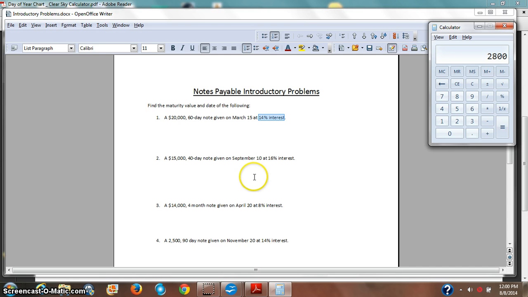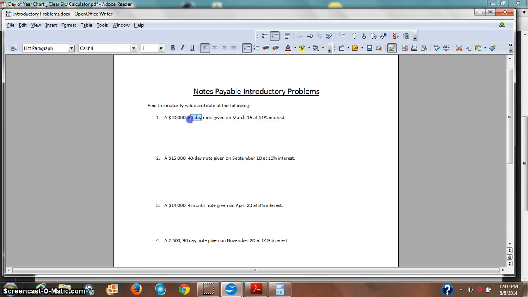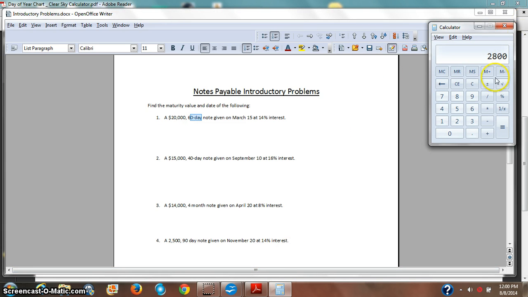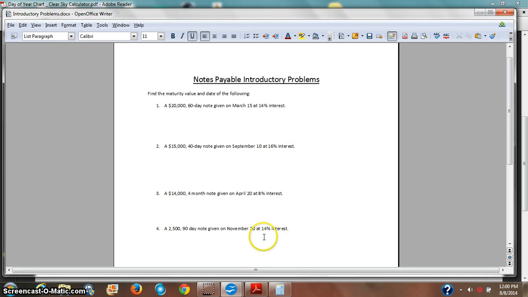And this note is not for a whole year. It's only for 60 days. And so what I'm going to do is multiply this amount times 60, and then divide it by 360. And I'm going to put a formula on here that shows exactly what I'm doing.